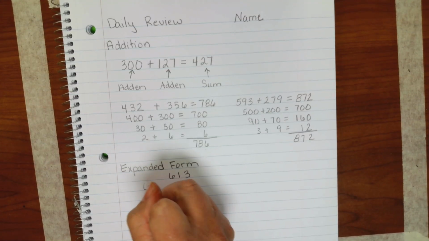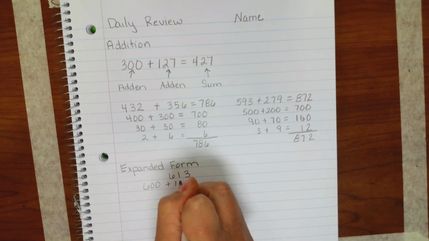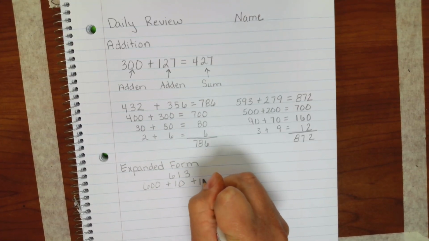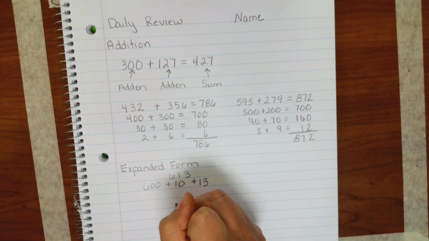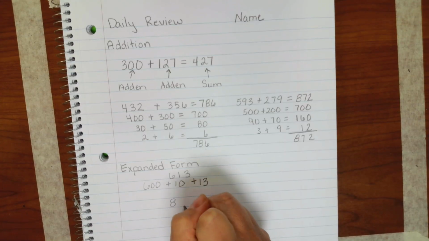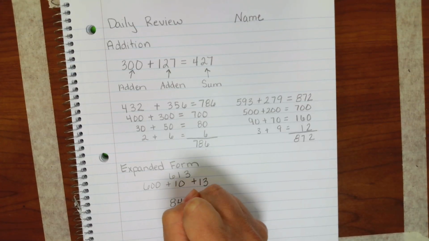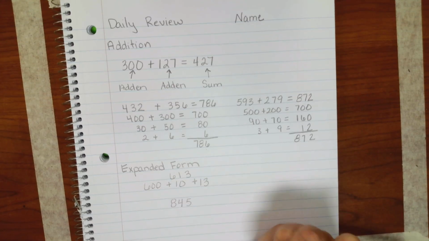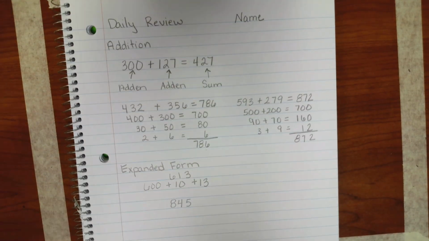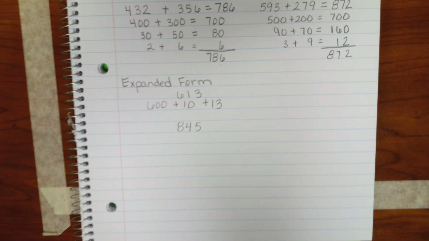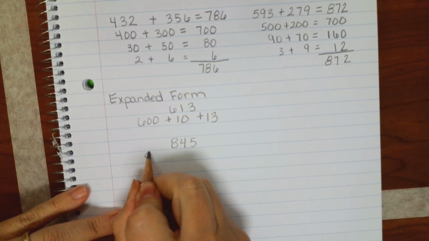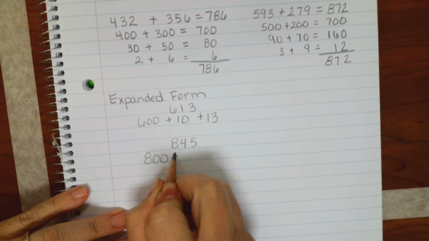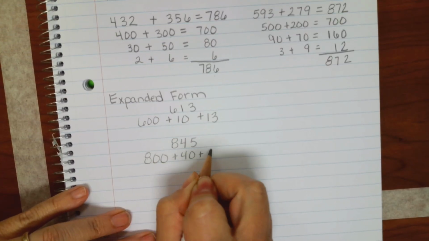I hope you chose 600 plus 10 plus 3. Let's try again. I want you to expand 845. I hope you did 800 plus 40 plus 5.